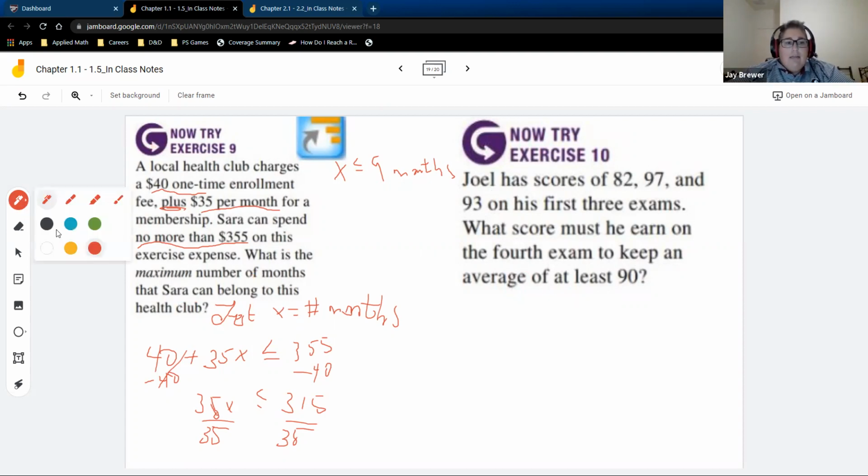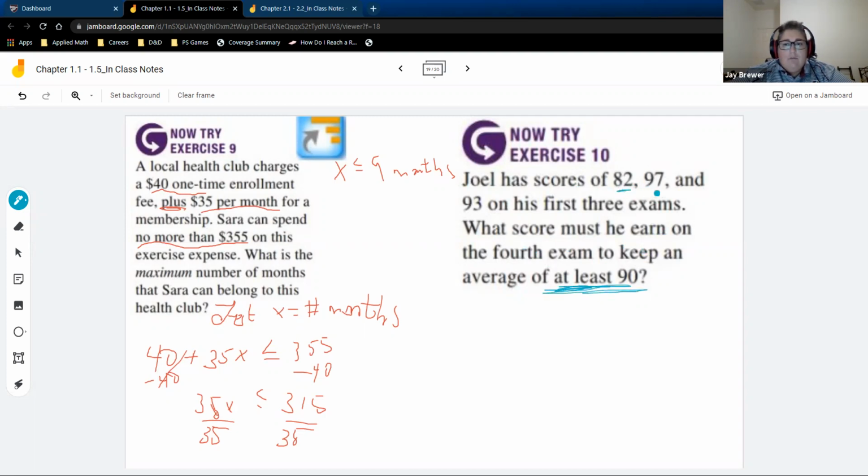Okay, so the next problem, the last one actually for this set, is Joel has scores of 82, 97, and 93 on his first 3 exams for whatever course he's in. What score must he earn on the 4th exam to keep an average of at least 90? So at least 90 is important.